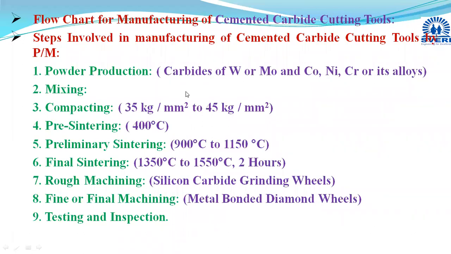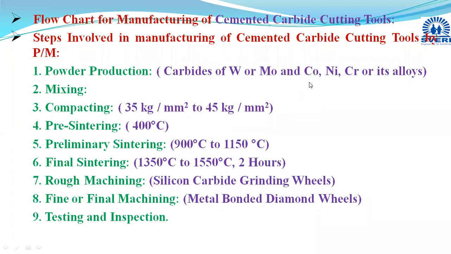To join the carbides, generally we use carbides of tungsten or carbides of molybdenum for manufacturing these carbide cutting tools. And to create the bond between these powder particles, tungsten powder particles or molybdenum powder particles, we use some binding metals or binding alloys.